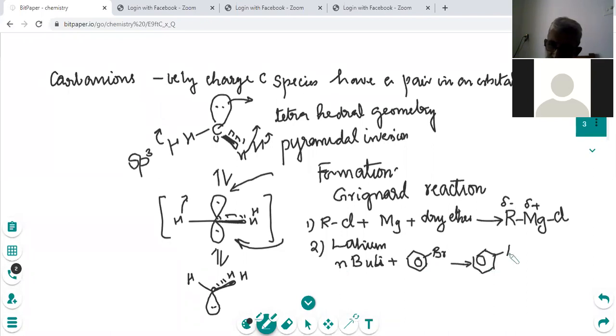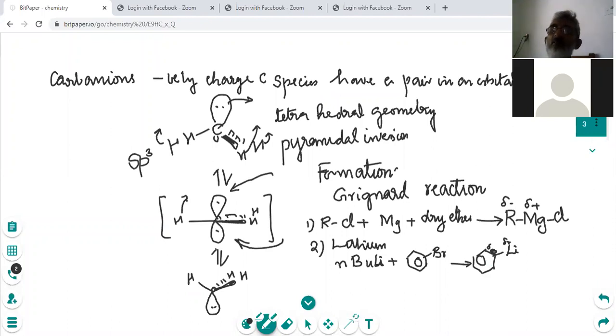See, a carbon-lithium bond is formed, and lithium is more electropositive, which clearly tells you that this carbon is going to be negative and lithium is going to be electropositive. So any negatively charged carbon you will call a carbanion.